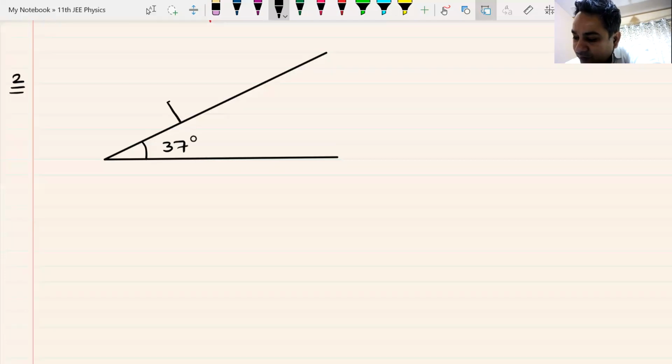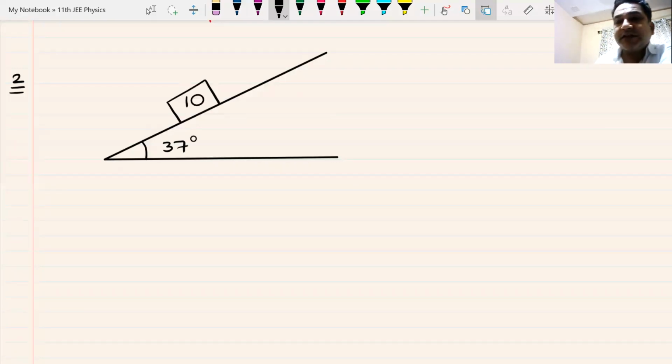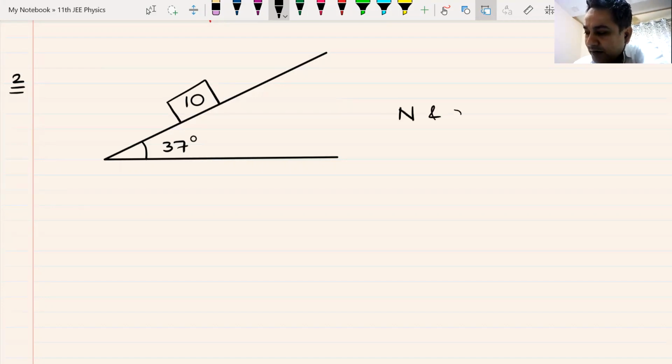Then I have a body of mass, let me change it to 10 kg, 10 kg kept on it. Obviously, the incline is smooth. There is no friction. Two things you have to find out from here: the value of normal reaction and the acceleration of the body.